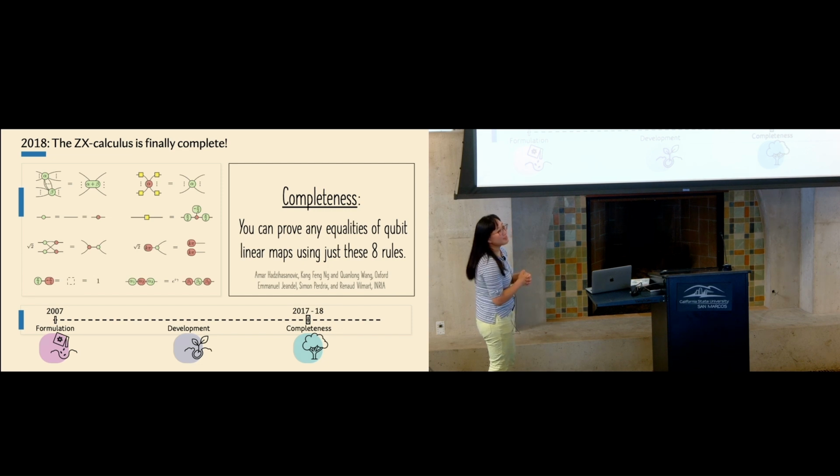But for really useful fragments, for example, if all the phases are integer multiples of pi over 2 in the whole diagram, then this is the fragment of quantum computation that's efficiently classically simulable, but non-universal. So it turns out that you don't need really complicated rules to get all the math that you would need for qubit quantum computing.